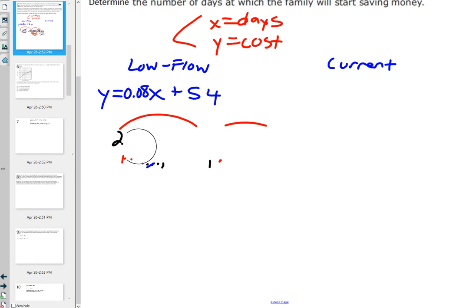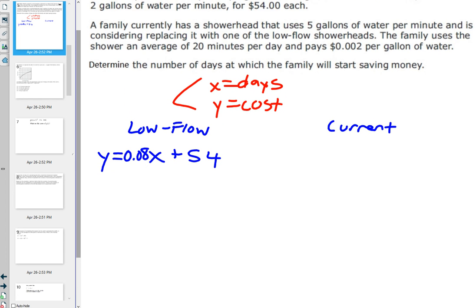Now, the second one should be easier to write. There is no flat cost, because it's what they currently have. They already have a shower head. All we've got to see is how much they're spending. The family has a shower head that's using 5 gallons of water per minute.